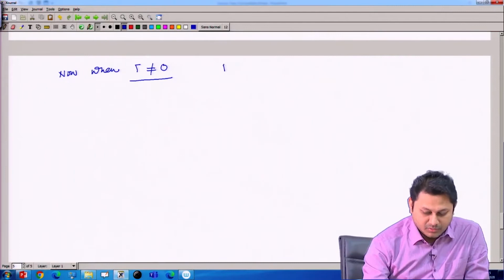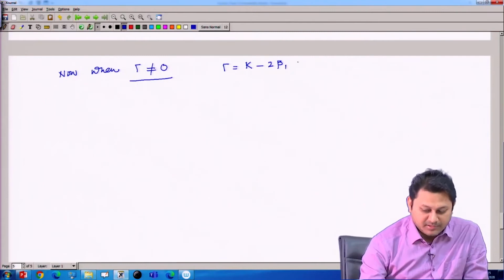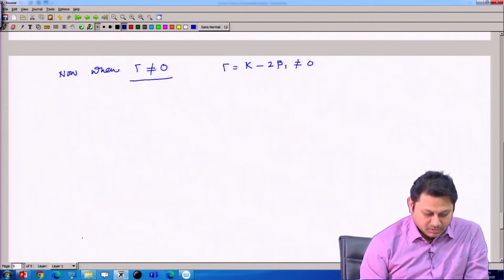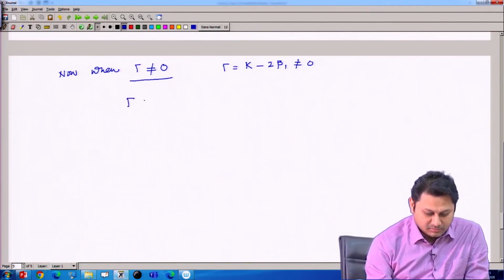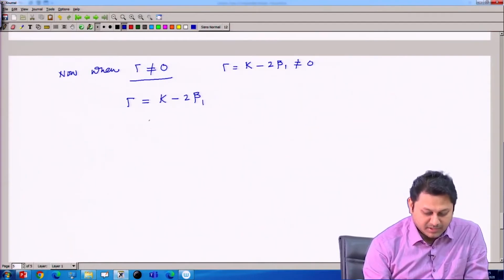Gamma, which is equal to K minus 2 beta 1, means this quantity is not equal to 0. What is K, by the way? Let me write gamma once again: it is defined by big K minus 2 beta 1.